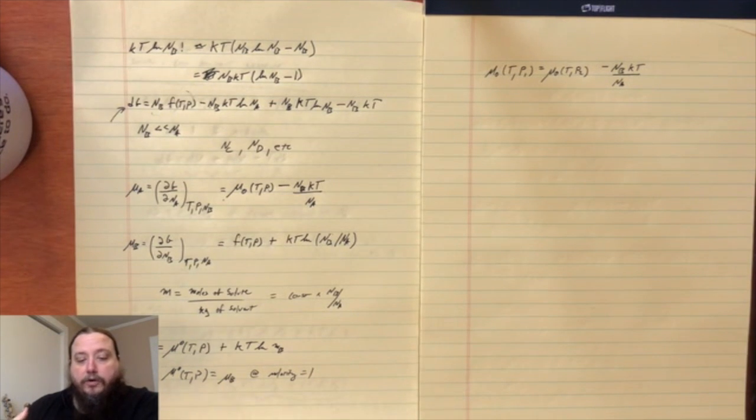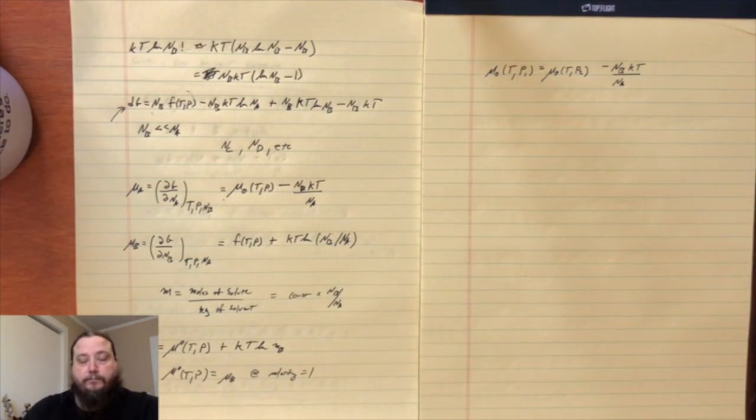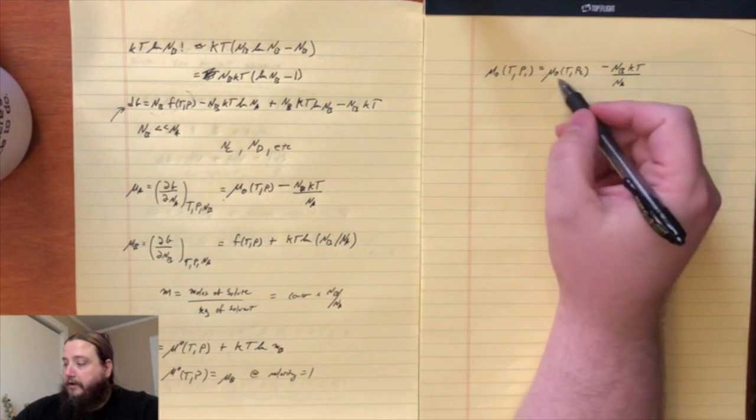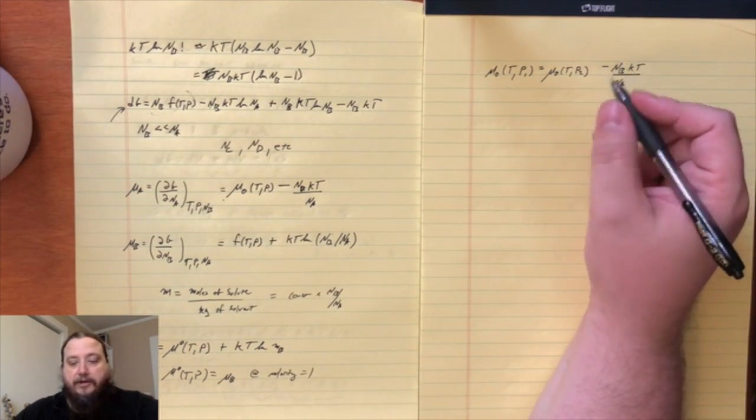And so we're going to, under that assumption, expand our chemical potential here in essentially a truncated Taylor series.